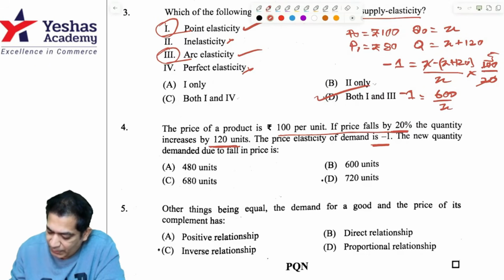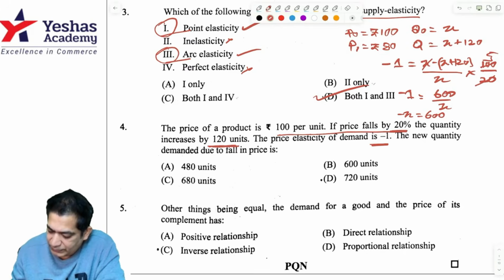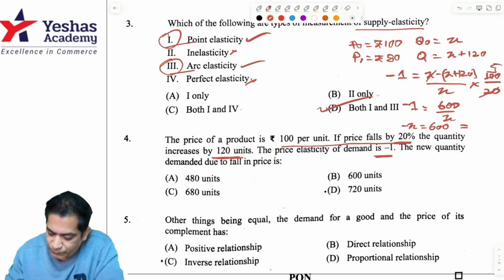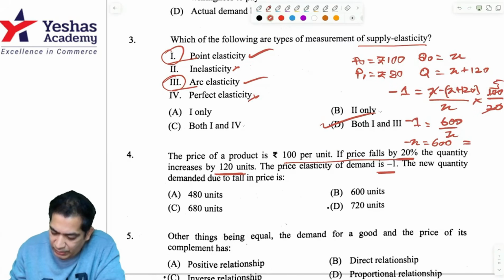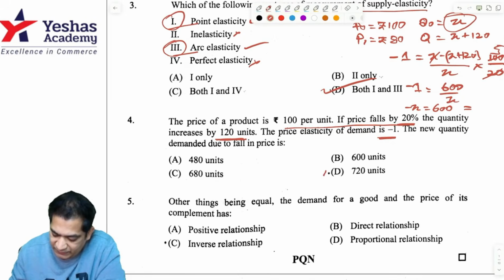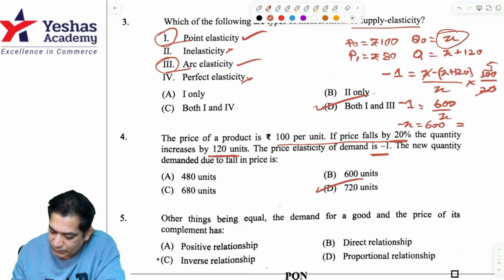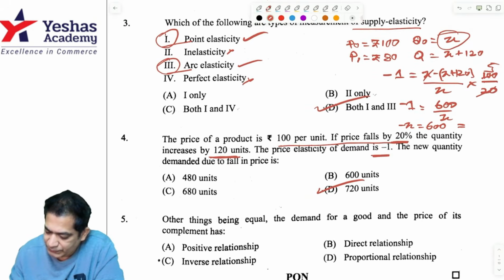So minus X equals 600. So X plus 120 to the answer will be 720 units. Clear? Got it? Yes or no?